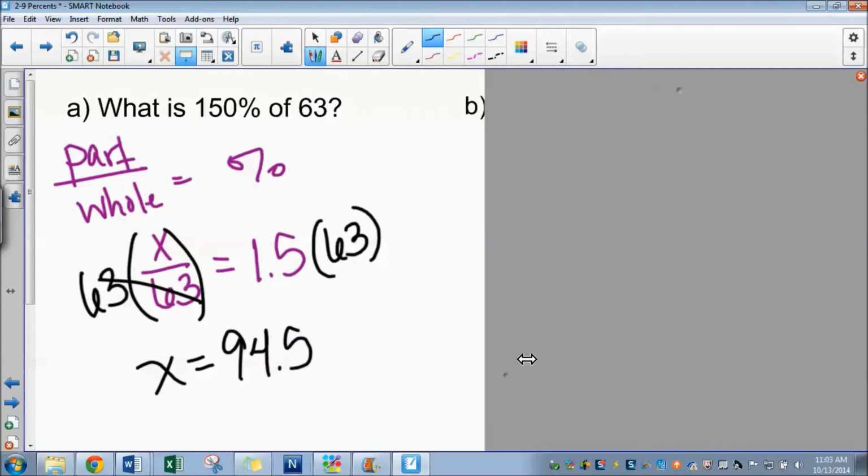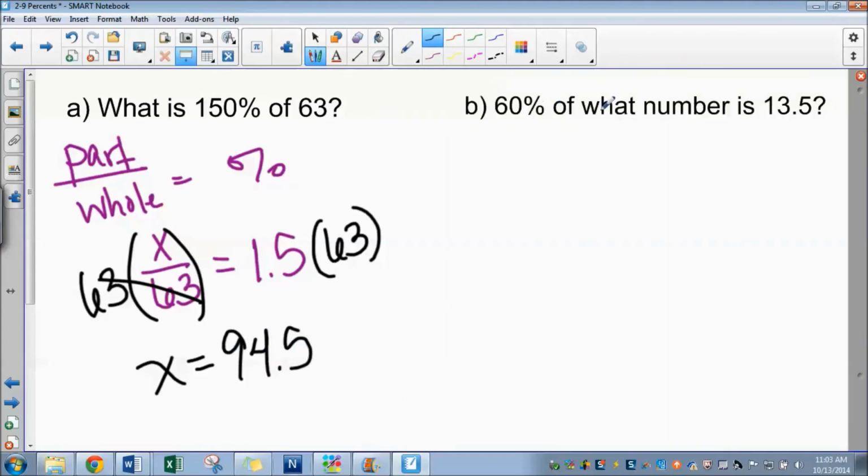Okay, let's look at another example. 60% of what number is 13.5? You see how the unknown is different. Over here, I didn't know the is. Over here, I don't know the what number. So 60%, remember, part over whole equals the percent. So that's going to be 0.6 is equal to, the part is 13.5 over x. I don't know the whole portion there. So to solve this equation, I'm wanting to isolate x.